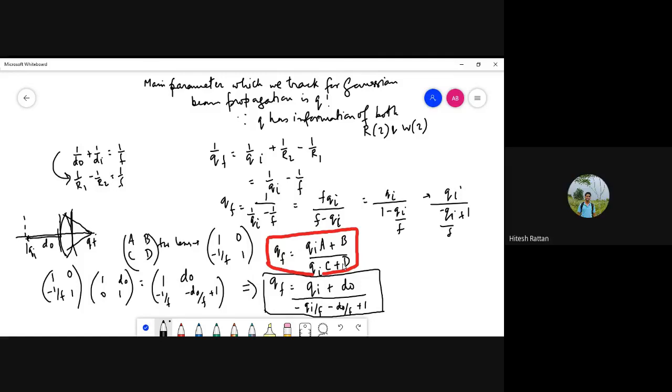Very easy, very simple. It's obvious from here itself, but just try that out.